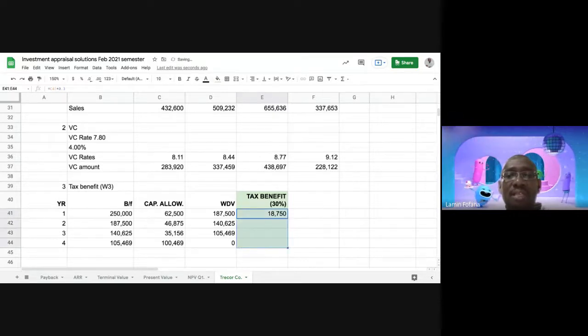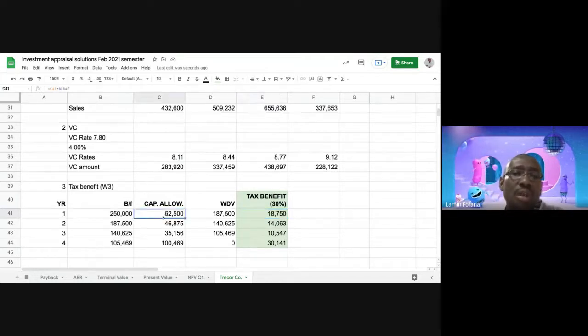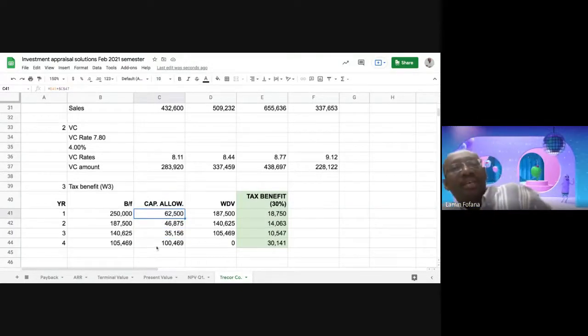So our tax benefit will be 18, 14, 11, and 30. Is that correct? Because our tax benefit will be the tax rate on our capital allowances, on our depreciation amount. Is that clear?